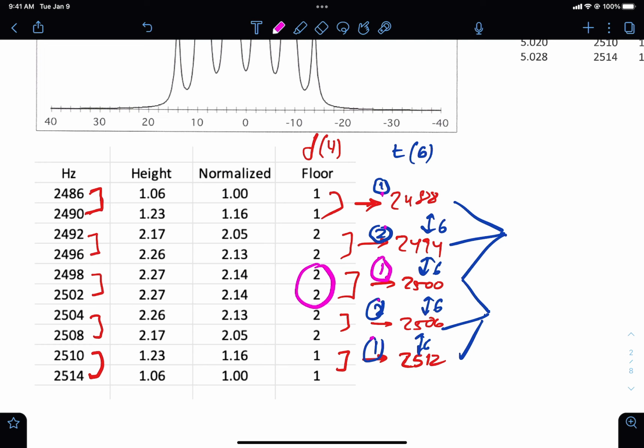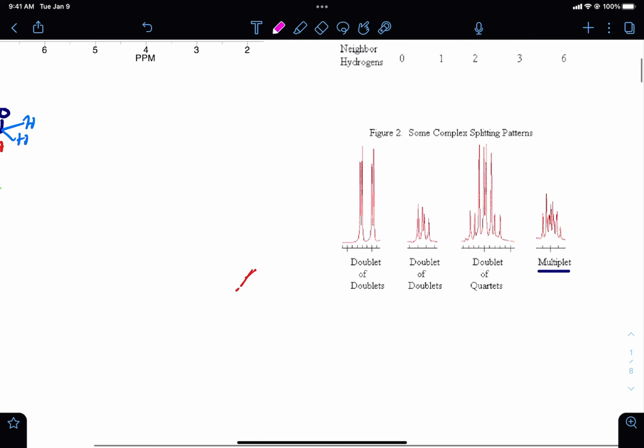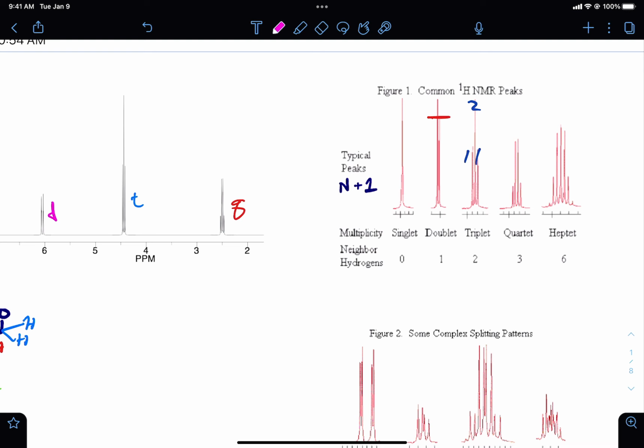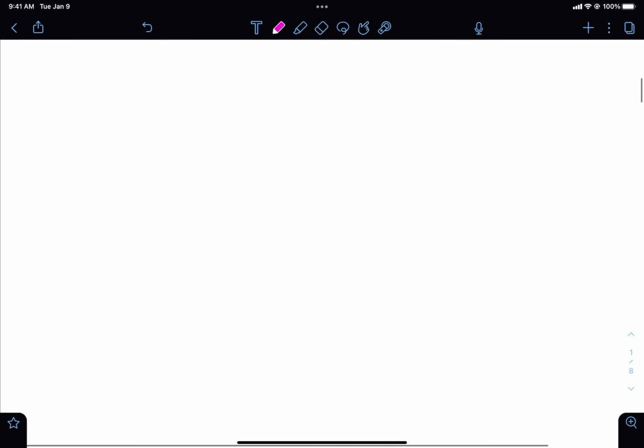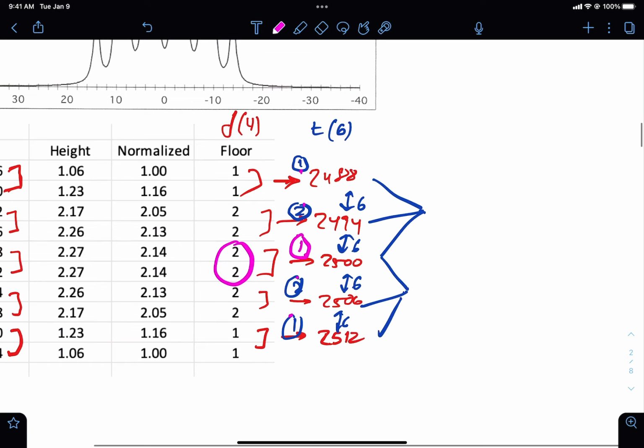All right, so a triplet is centered around the center signal. Again, we can go back and look at what a triplet looks like, and you can see that the center of the triplet is centered right on that center signal. So again, like we did before, we're going to take the midpoint of those signals.